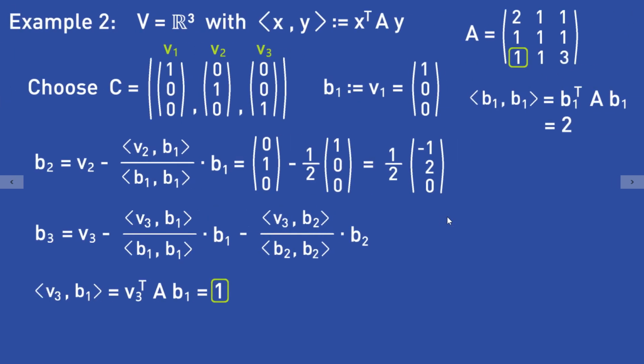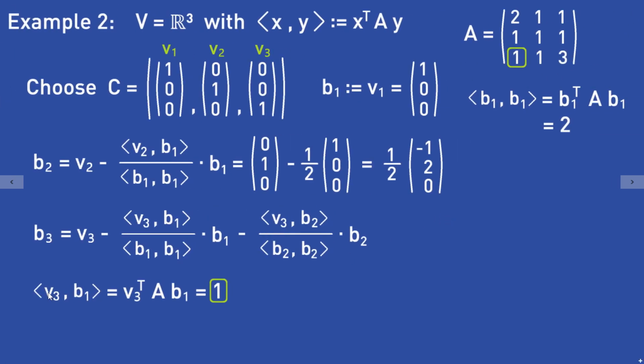So we have to calculate the scalar product of V3 with B1, which is equal to V3 transposed times A times B1. And this is equal to 1, because B1 and V3 are unit vectors. This here is just that entry of the matrix A here. So this here is equal to 1.